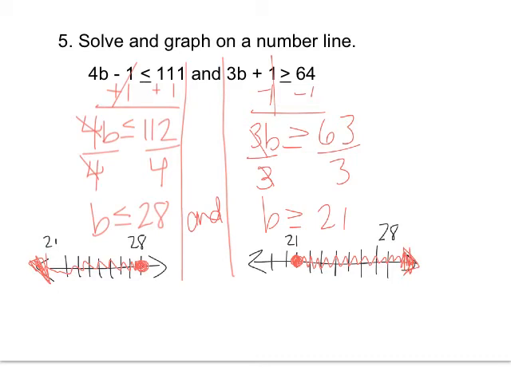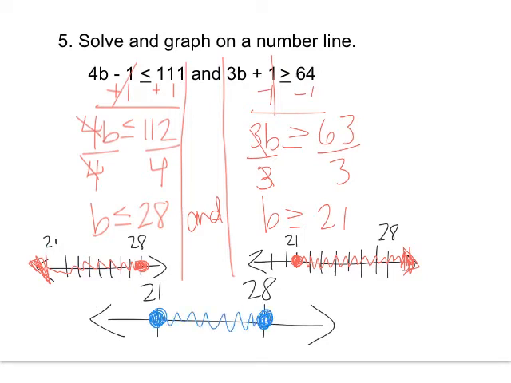My overall solution is what would be overlapping if I put one of those on top of the other. Well, if one of them starts at 21 and goes up forever, and the other one starts at 28 and goes down forever, the overlap is everything in between 21 and 28.